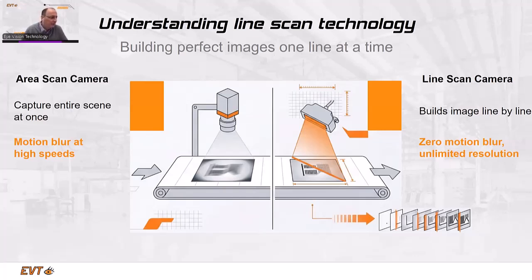Or if you have, let's say, endless production for woven or non-woven materials like plastic foil, metal foil in any kind, which are on rolls, then a line scan camera is a better solution because you get a complete image of the roll.